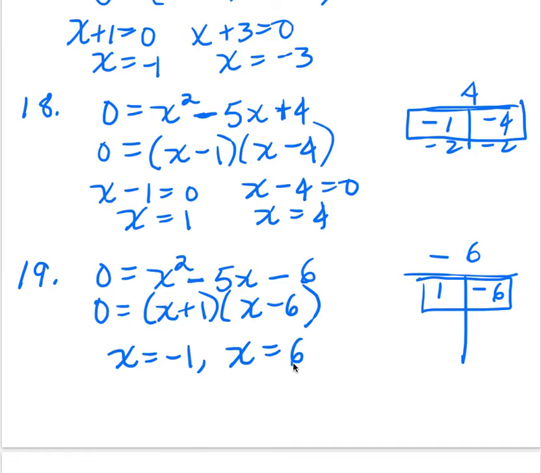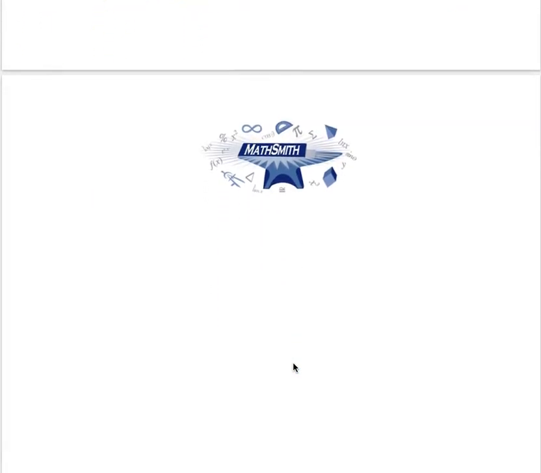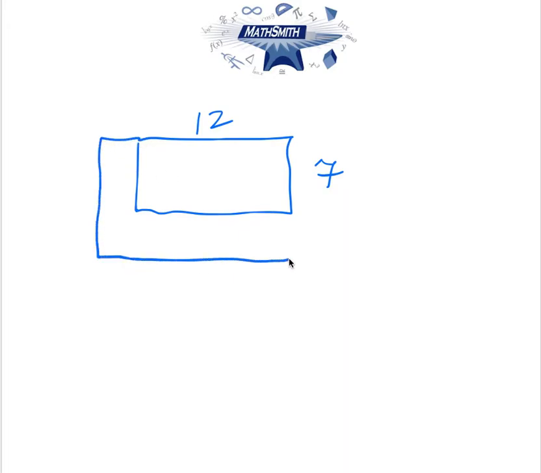Okay, and then in number 20, it says, suppose the garden in example 7 measured 7 yards by 12 yards. The budget was to cover 66 square yards, and we've got x going this way and x going that way.